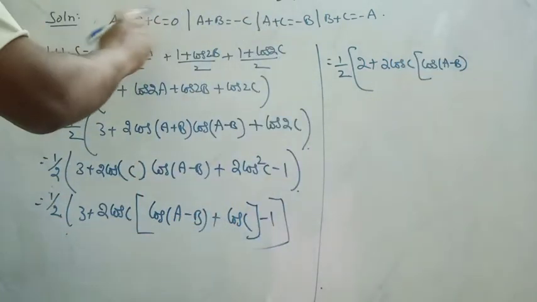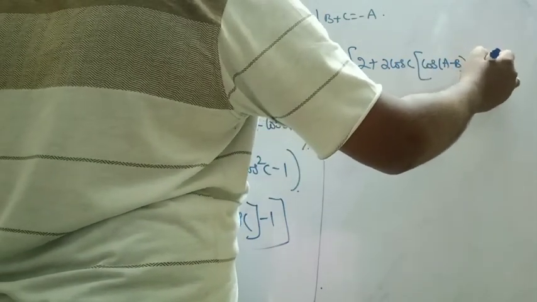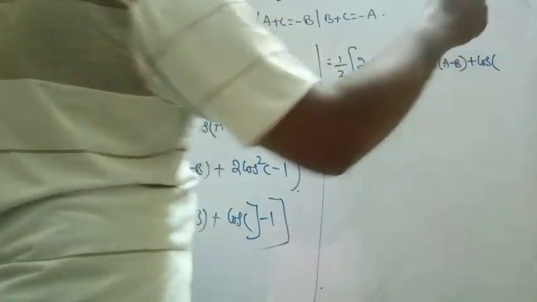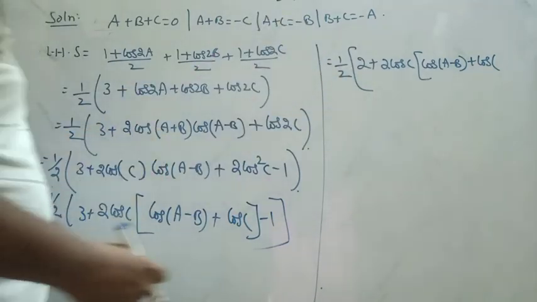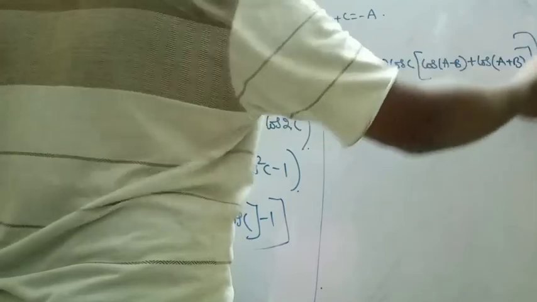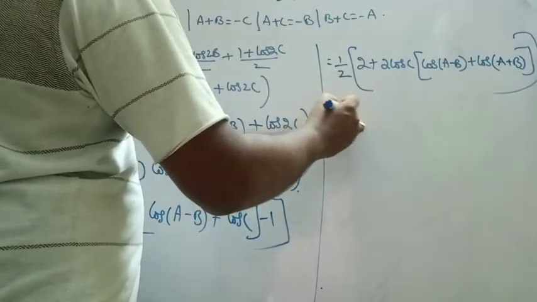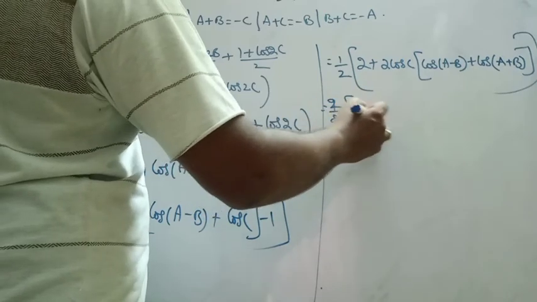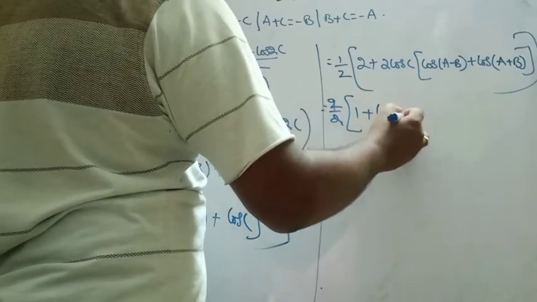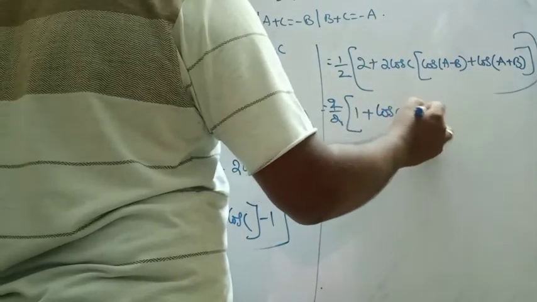Cos c is nothing but cos of minus of (a plus b). Cos of minus theta becomes cos theta, therefore this becomes cos of a plus b. Now 1 by 2, taking 2 common, 2 by 2, this is equal to 1 plus cos c into cos of a minus b plus cos of a plus b, that is 2 cos a cos b.